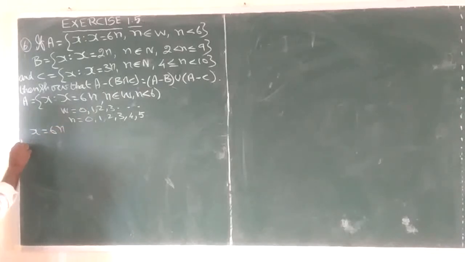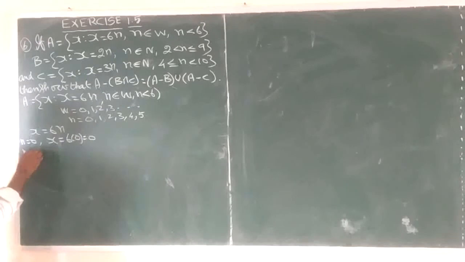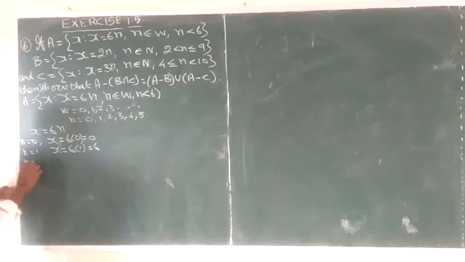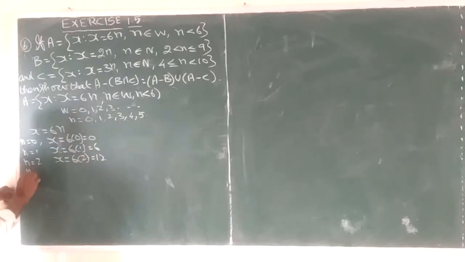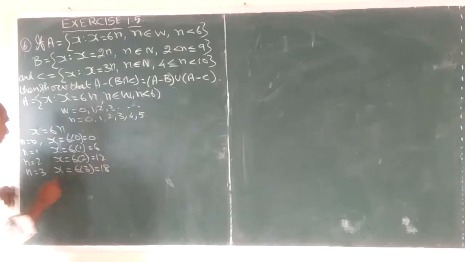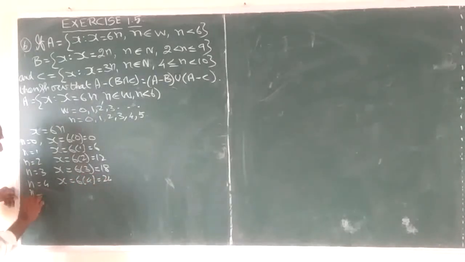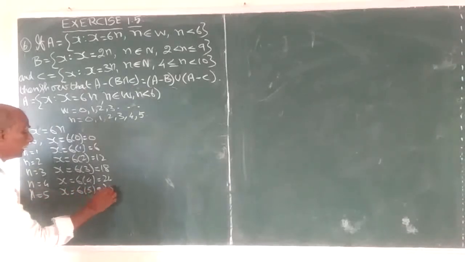Put n equal to 0, you get x equals 6 into 0 equals 0. n equal to 1, x equals 6 into 1, 6. n equal to 2, x equals 12. n equal to 3, x equals 18. n equal to 4, x equals 24. n equal to 5, x equals 6 into 5 equals 30.